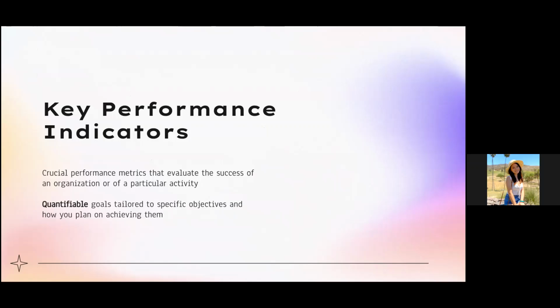What's different about these is that they are quantifiable goals tailored to specific objectives within product features and also how you plan on achieving them. There are different types of KPIs in the industry.